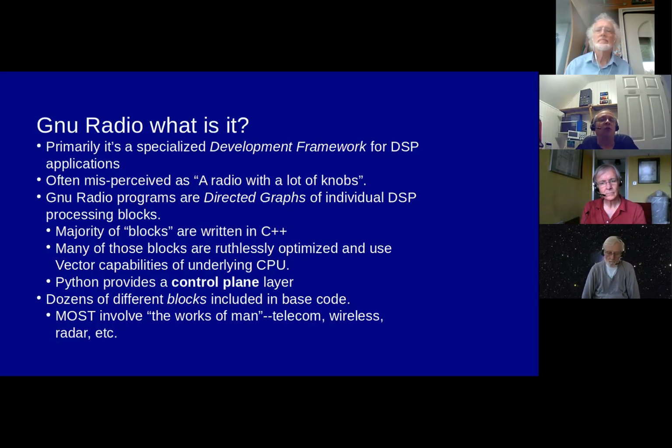So GNU Radio programs are, in the formal computer science sense, called directed graphs of individual DSP blocks. So you can imagine a bunch of blocks laid out in a graph that achieve some specific function. And this is very similar to, if you're familiar with radio hardware, you would probably decompose the hardware into different blocks that do different things.